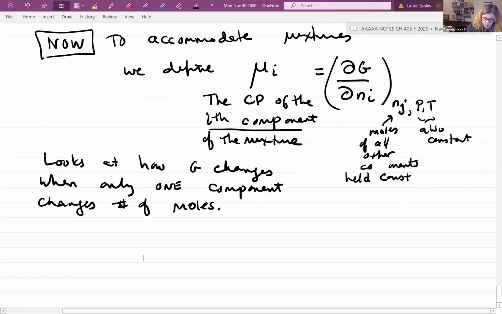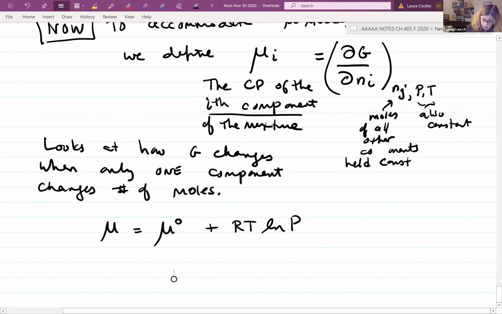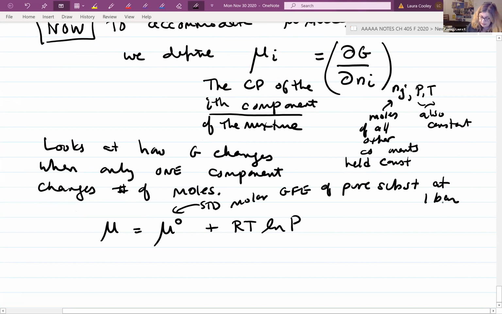All right, so this is what we had before. And let me just go over again, right? This is the standard molar Gibbs free energy of a pure substance at 1 bar. That's what this is.